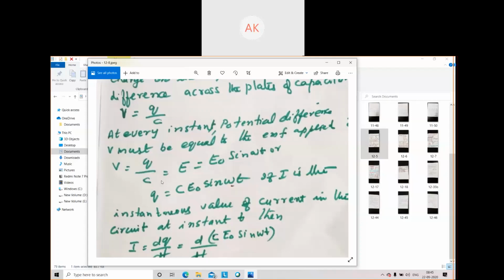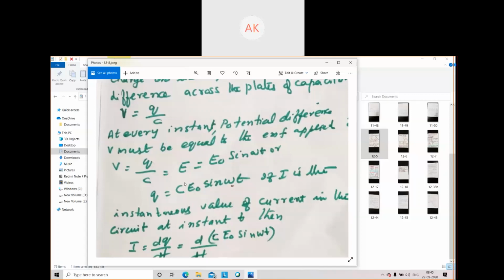V equal to Q by C equal to E. The EMF applied must be equal to Q by C. So that's equal to E0 sin omega t. This equation we have studied in the second chapter. And that should be the applied EMF, the instantaneous value of EMF equal to E0 sin omega t. So when we get Q, we can easily find the current. How? Q equal to C E0 sin omega t.